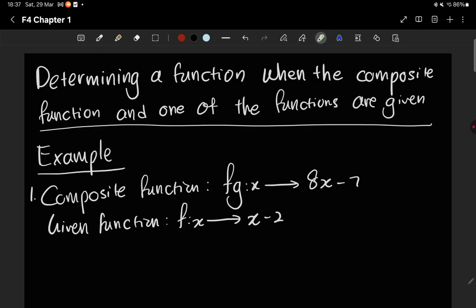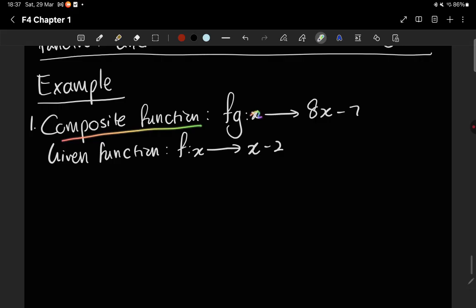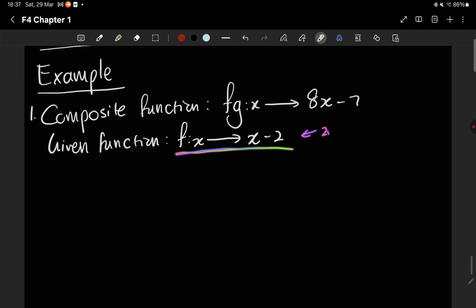So over here, we are given the composite function fg of x, which is equal to 8x minus 7, and a function given to us is f of x, which is x minus 2. So if you could actually realize that this over here is the second function that links the second and third set.